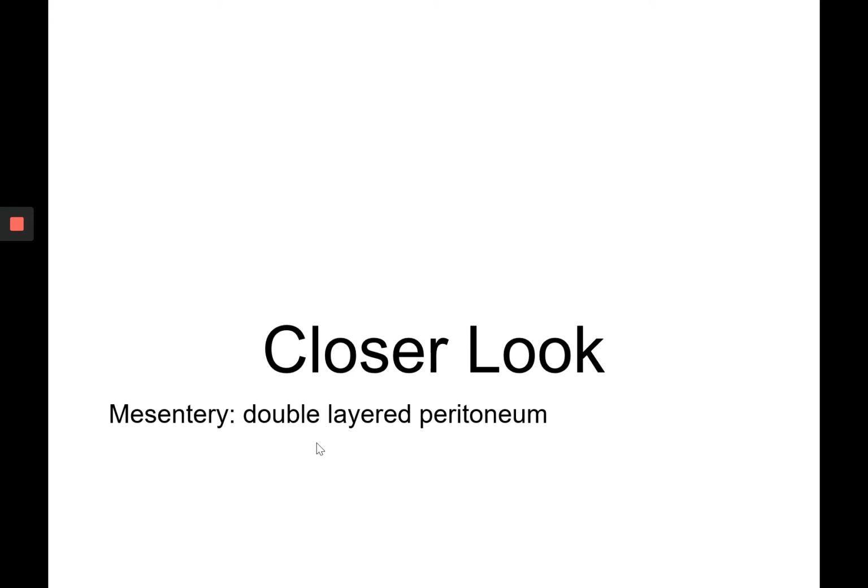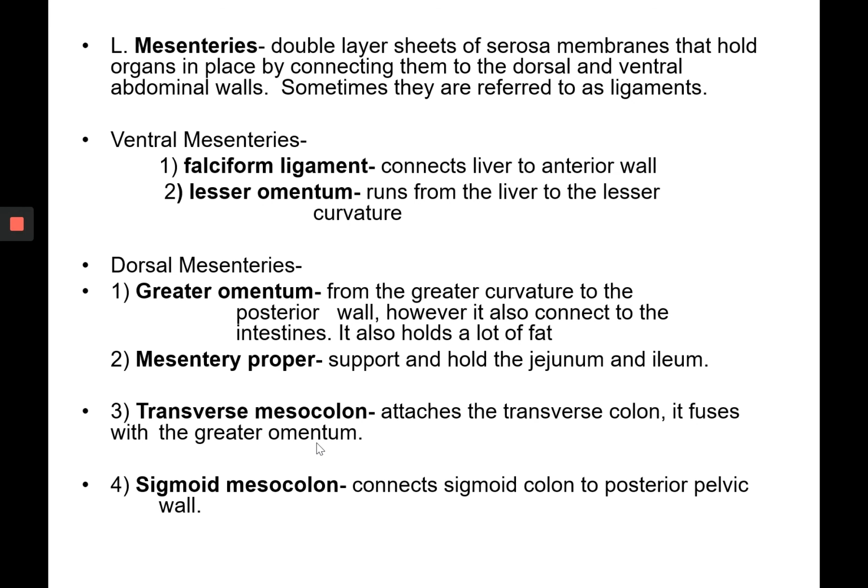Next, we're just going to take a closer look at some of the things that we've talked about thus far. Another reminder here is that mesenteries are double-layered pieces of peritoneum.